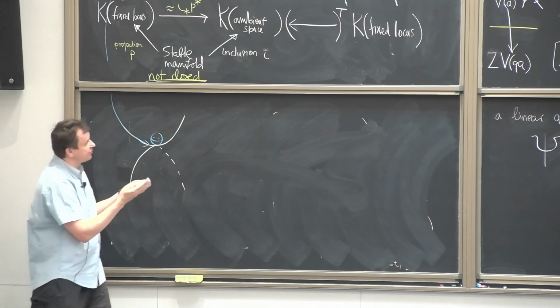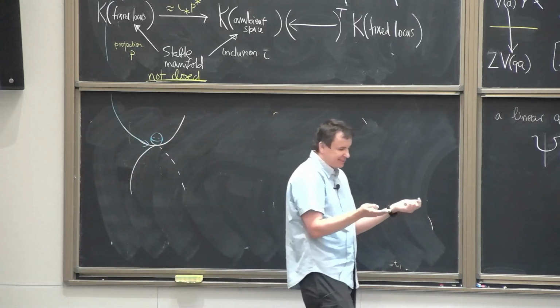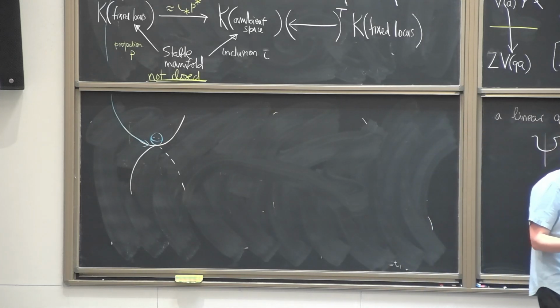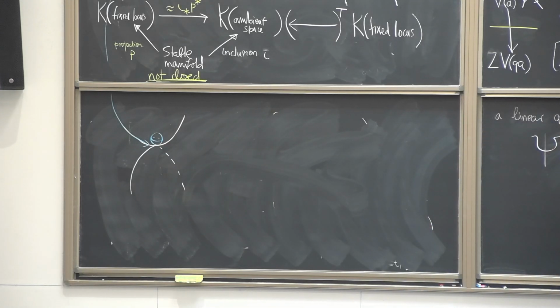And those of you who went to the exercises, we looked at the simplest examples of this sort of thing. The simple examples are like Schubert cells. A Schubert cell starts as a stable manifold for something, and then if you close it, then stuff happens. Who knows what's in the closure?